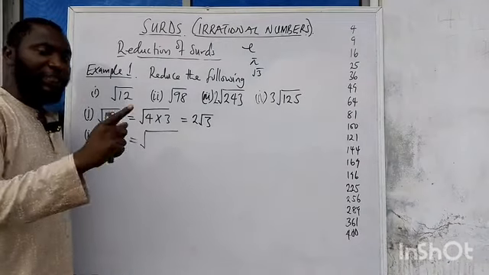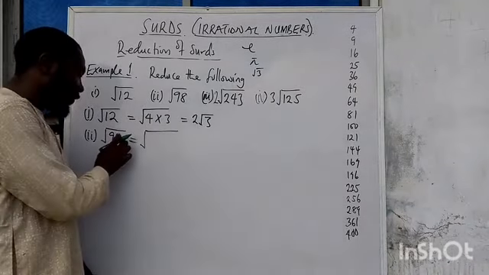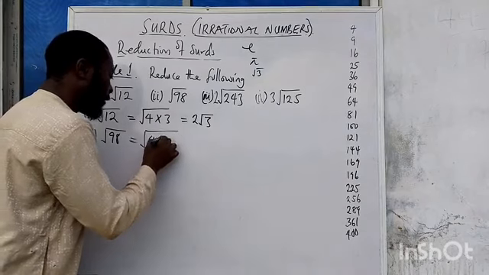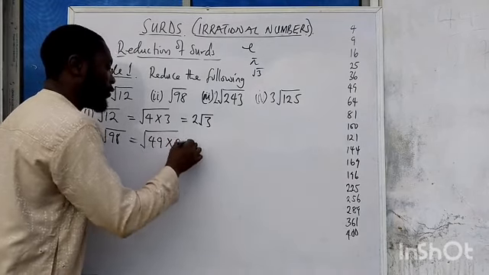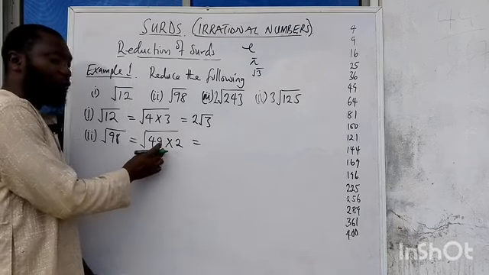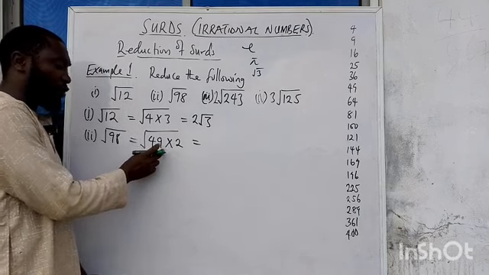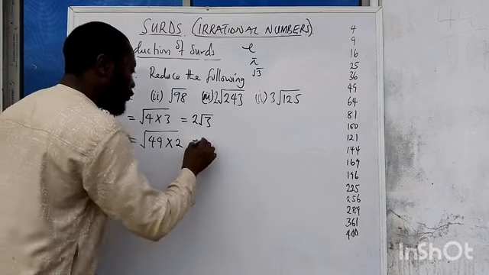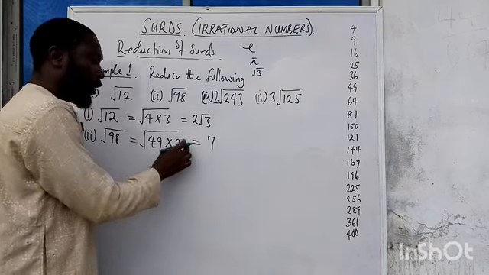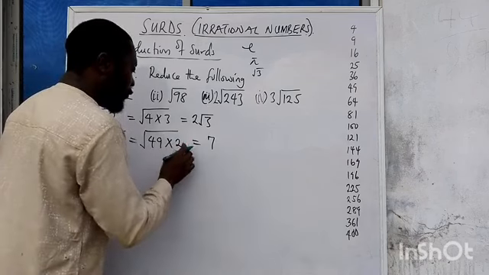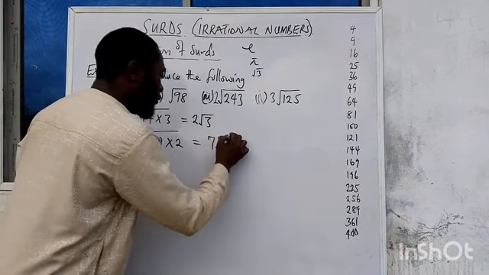That is 49 times 2. So we express 98 as 49 times 2. Now, we can find the square root of 49 because 49 is a perfect square. Square root of 49 is 7. So that 7 will remain outside. We cannot find the square root of 2, so 2 will still remain inside the root.